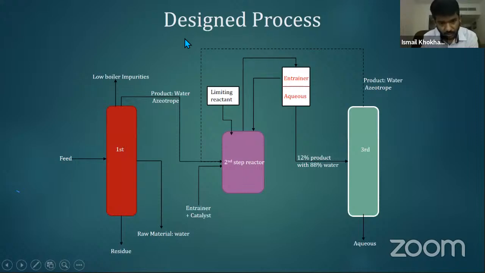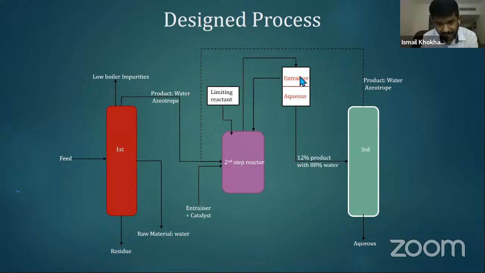The second cut, which was the product, an azeotrope with the water, was fed to this second step reactor. Then the entrainer and the catalyst were added into it, and the limiting reactant was added once the temperature was attained. Once the temperature was attained, the water came out as a byproduct with the entrainer.